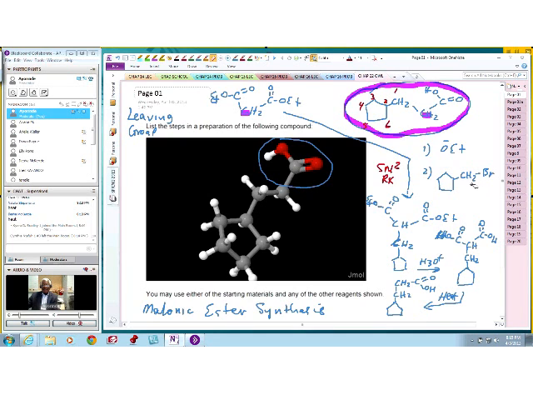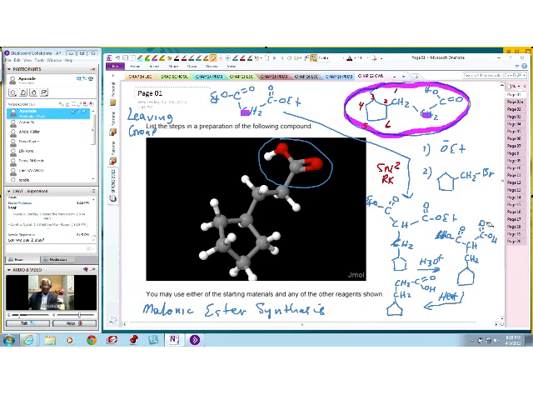Each one of these will be an sp3 hybridized carbon, primary carbon or secondary carbon. That is very, very important. Now once you do your alkylation, then you do acid-catalyzed hydrolysis to transform the diester to diacid right here. And then once you form the dicarboxylic acid, then you apply heat.